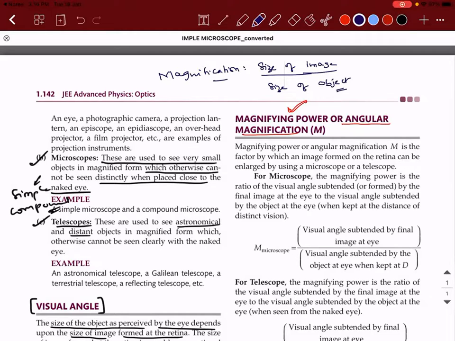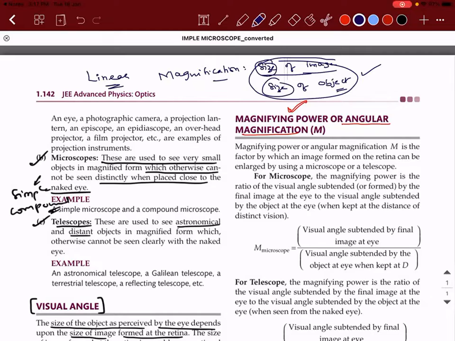But I need to do a small correction in my term, not in the definition. The definition is right, but I need to add a prefix: linear magnification. Linear magnification is the size of the image to the size of the object.